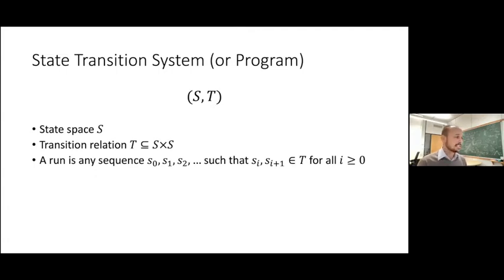A run is a sequence of states that satisfies this transition relation. This means every state in the sequence is a successor according to T, the transition relation. So there is an edge from state to state on the graph.